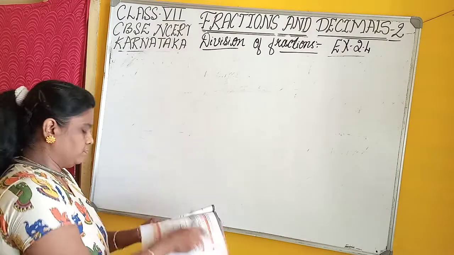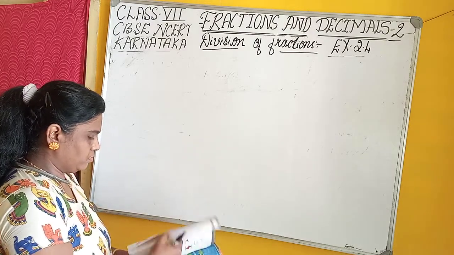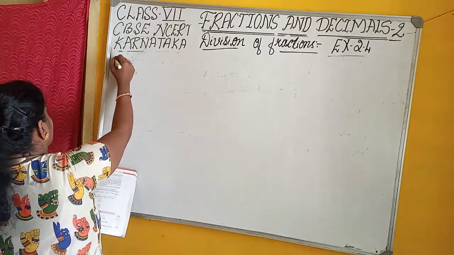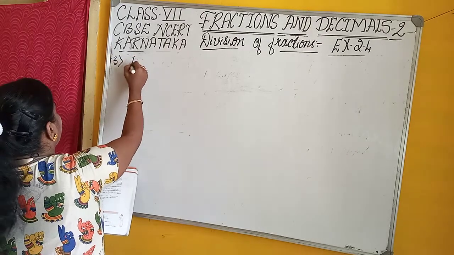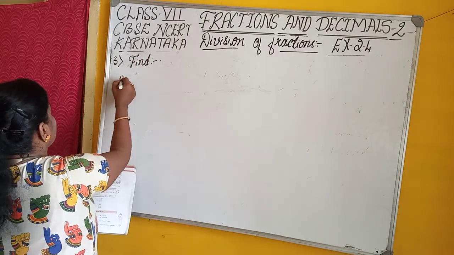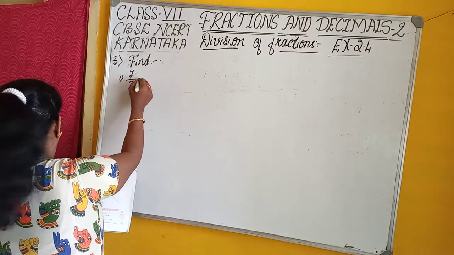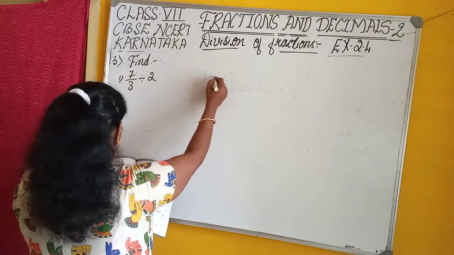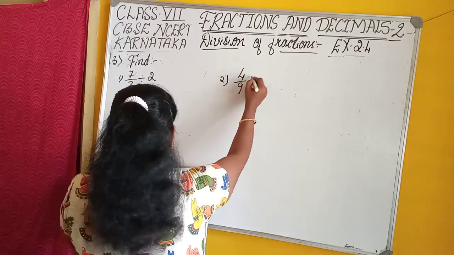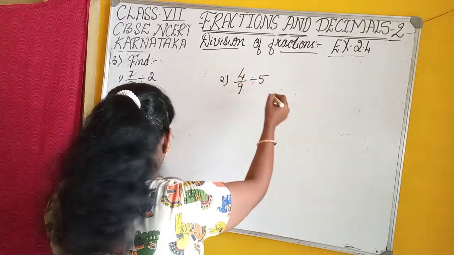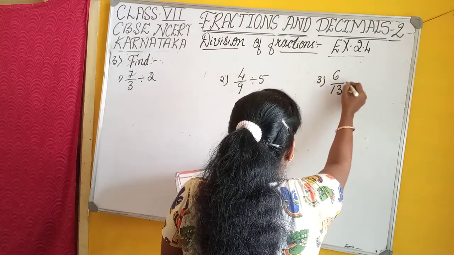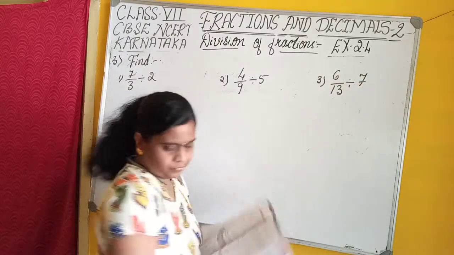The third question: find the first one, 7 by 3 divided by 2, the second, 4 by 9 divided by 5, and the third one, 6 by 13 divided by 7.